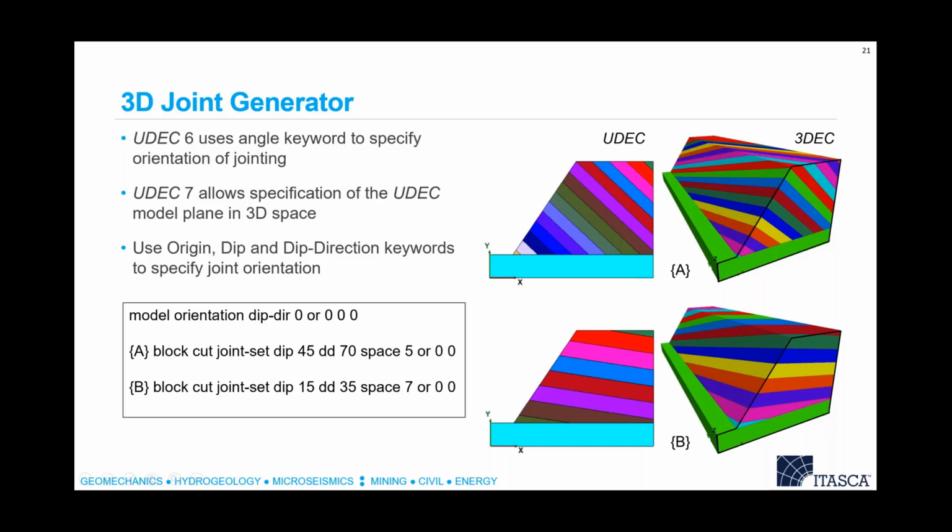And here we have a couple of examples. We're looking at the origin, this plane here in 3DEC, and we're seeing that we're getting the same sort of jointing pattern. And the idea is that you could orient this plane in 3D space along any part of this model or rotate it, essentially like a cut plane.